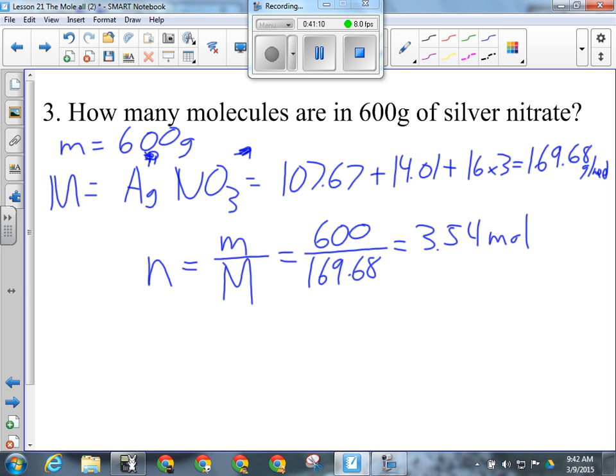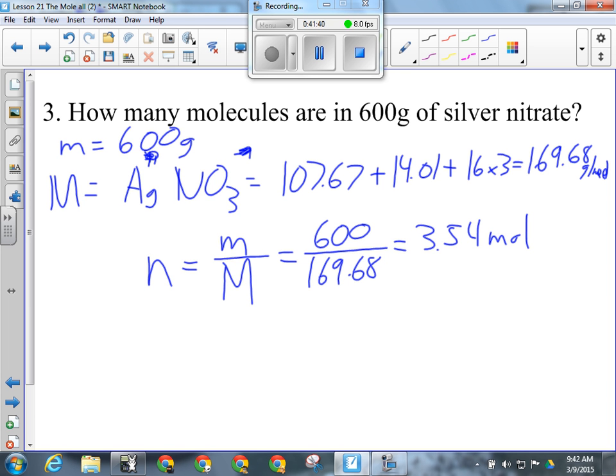The mass of that amount will be different for every single thing, but there's always in a mole 6.02 times 10 to the 23 particles. In the same way that it doesn't matter whether you're counting donuts, eggs, loaves of bread, whatever, a dozen is always how many? 12. Well, a mole is always 6.02 times 10 to the 23. It doesn't matter what you're dealing with. Is everybody clear on that? I have a lot of people who get confused on that part. 6.02 times 10 to the 23 applies to everything.